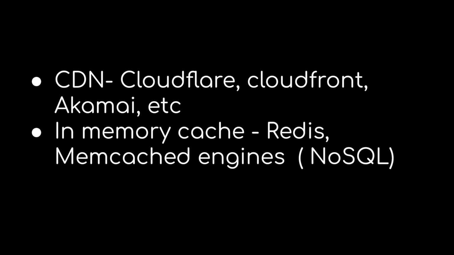So you can use Cloudflare, CloudFront, Akamai, Google CDN, etc. as a CDN network, or in-memory cache in your own infrastructure itself, like a Redis or memcached engine. So most of the caching engines are NoSQL principled cache engines. So that means it also stores key value pair data.